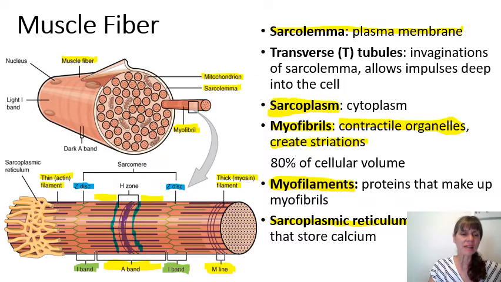The sarcoplasmic reticulum surrounds the myofibrils and forms a network of smooth endoplasmic reticulum that is important for storing calcium.